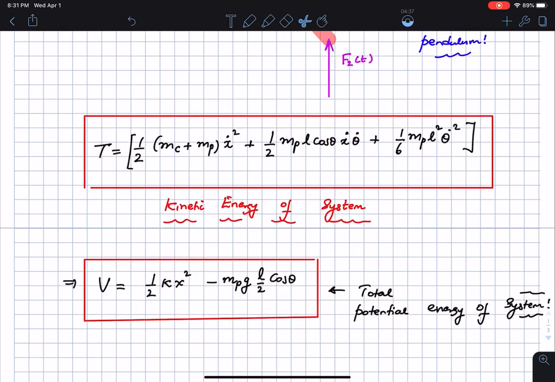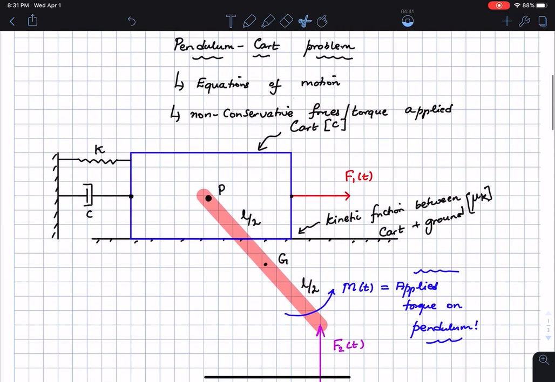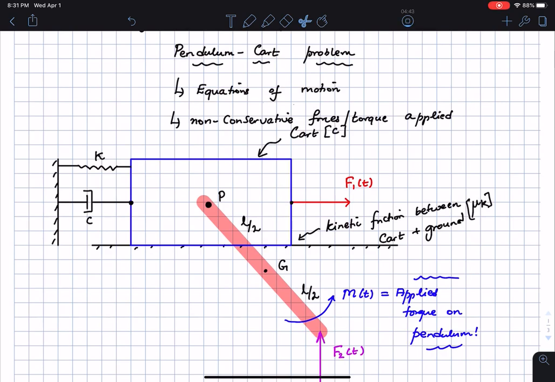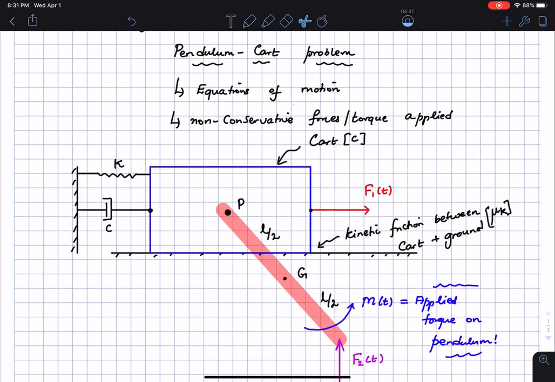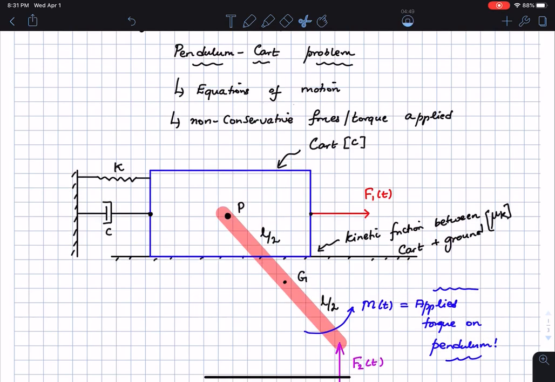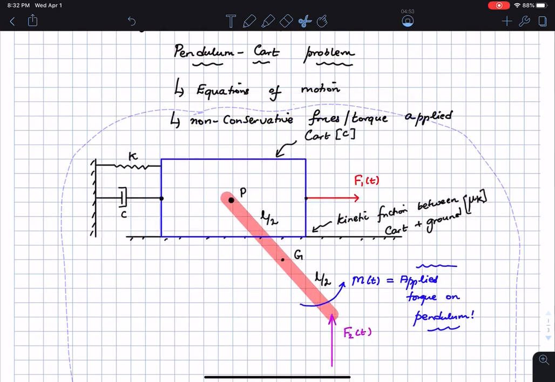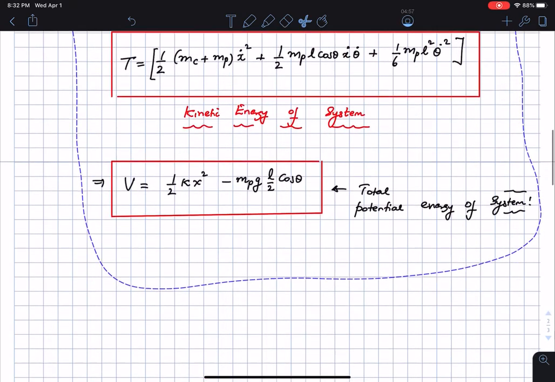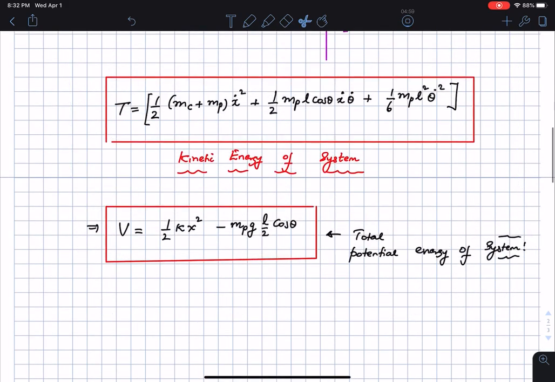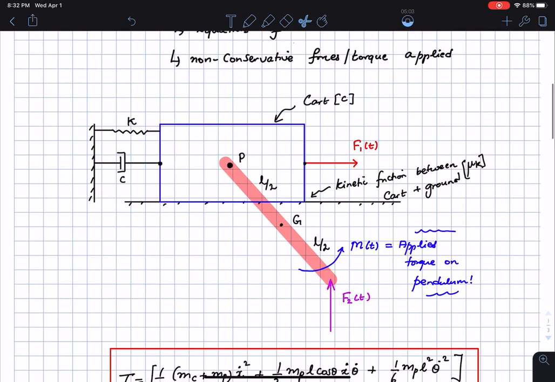I want to move this up a little more, and reduce the size of the pendulum system a little bit, and ensure that everything fits in. All right, so here we have from the previous lecture the pendulum and the cart.